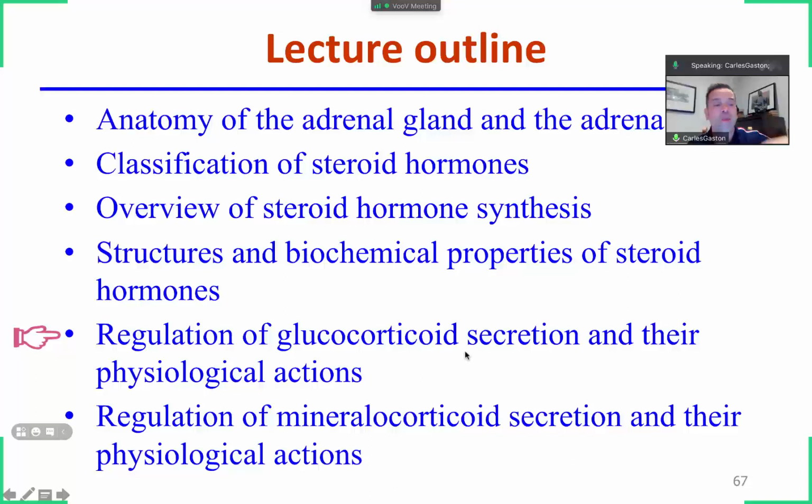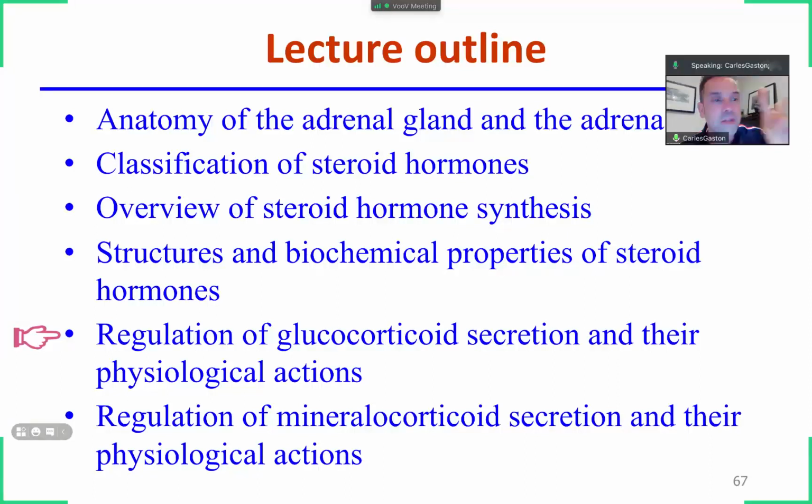So finally, we're going into the target organ. Okay? So this is now getting interesting because we're going to start learning what are the functions of the secondary and tertiary organs after there has been activation of glucocorticoid secretion.